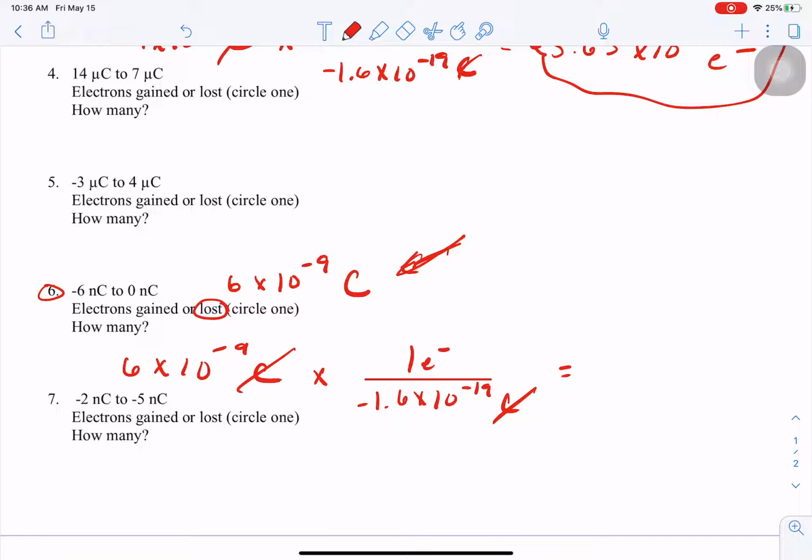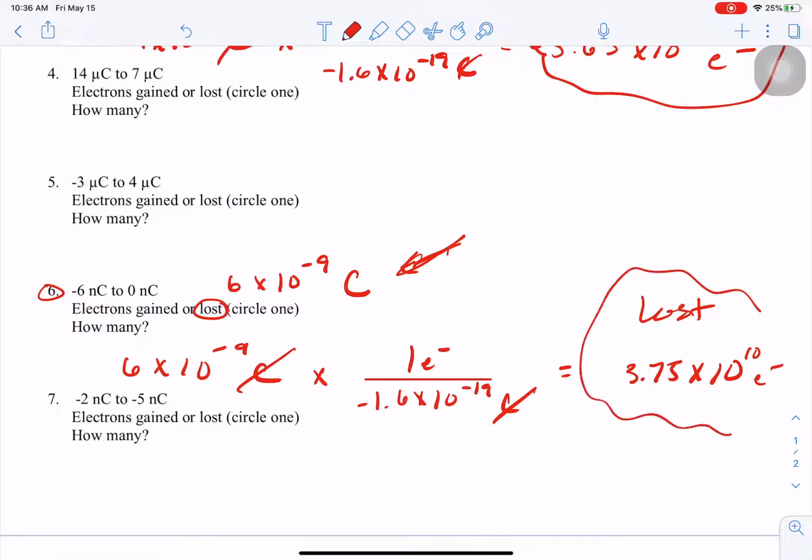Here we go. We get negative 3.75 times 10 to the 10th, and this is electrons. Remember, we can get rid of that negative and just say we lost 3.75 times 10 to the 10th electrons in order to move from a negative 6 nanocoulomb charge to a 0 nanocoulomb charge.